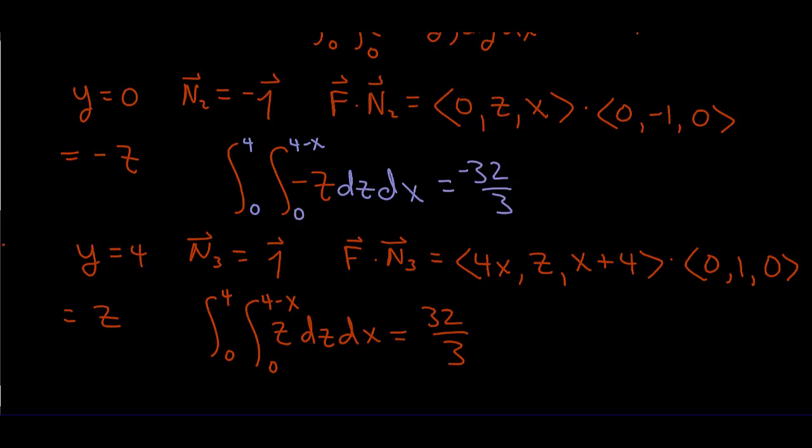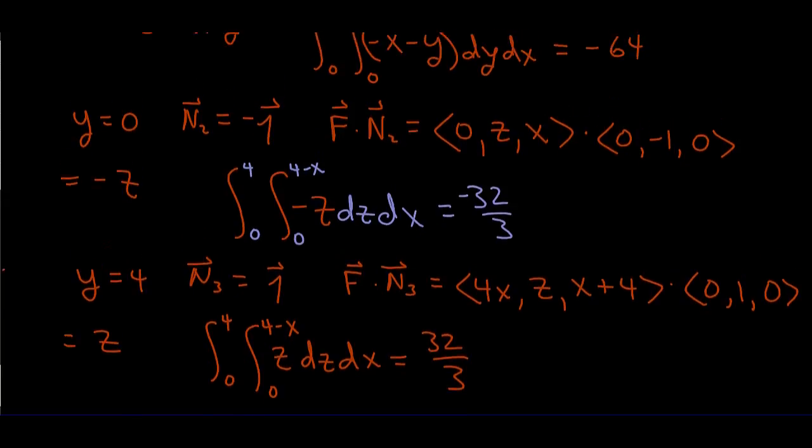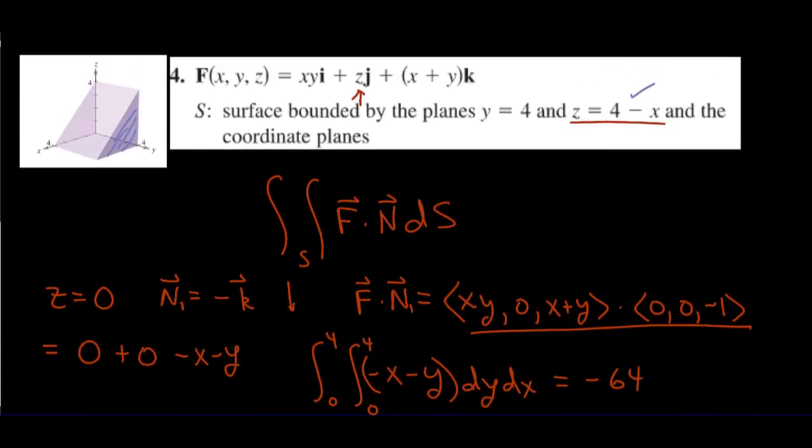Okay, now we've considered 3 surfaces. It looks like we have a couple more to go. So let's look back at our graph here, our surface. Now we've considered 3 of these. Something we haven't considered is when x is equal to 0. When x is equal to 0, we are right back here on this little surface in the back.